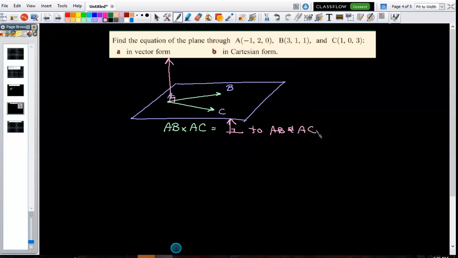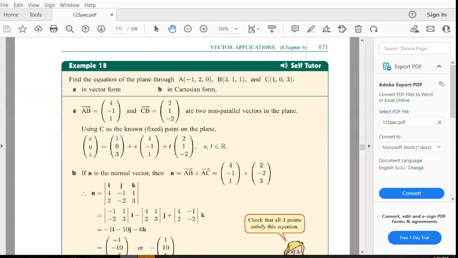And then what point should you pick? Well, I would pick A. Winner, winner, chicken dinner. Do you have to pick A? You should be able to pick B or C, because you've got a perpendicular vector and any point on the plane. But because I've used A, I like to just stick with A. It's the front, that's my initial.